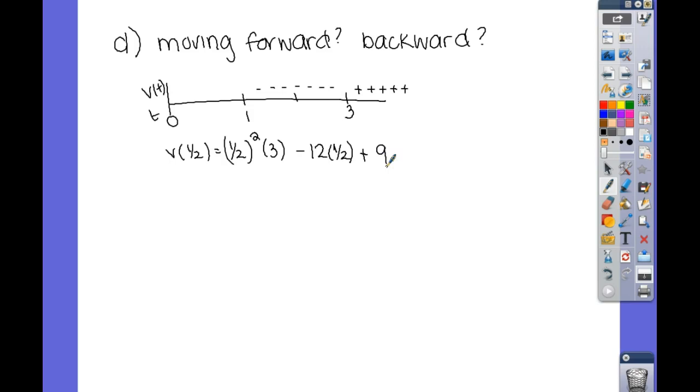So you get 3/4 minus 1/2 times 12. So -6 and 9 give you 3 plus a 3/4, so it's positive. Yes.